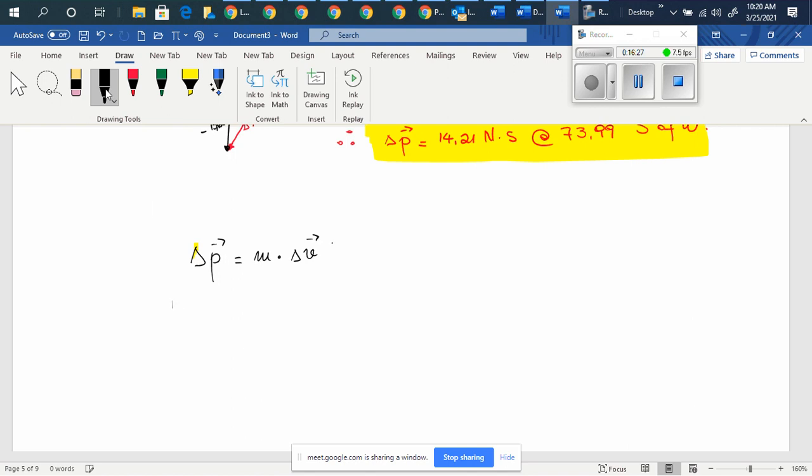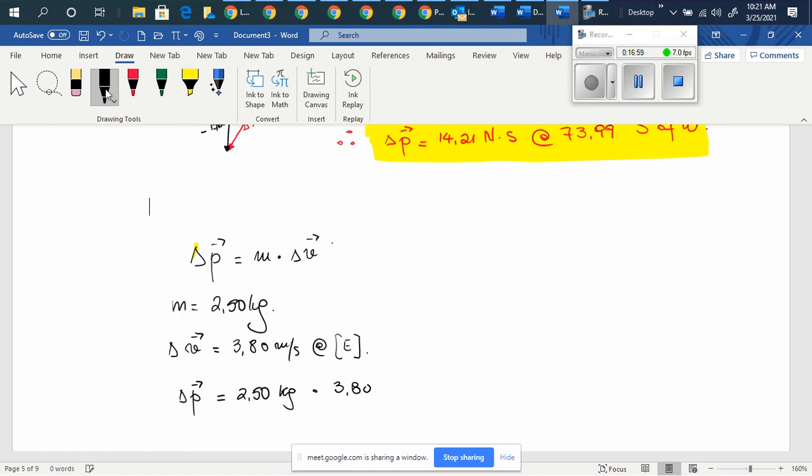And if we have an object with mass of 2.50 kilograms that is experiencing a change of the velocity of 3.80 meters per second in the east direction, then the change of momentum or the impulse of this object will be its mass, so 2.50 kilograms times 3.80 meters per second in the east direction, because the change of momentum and the change of velocity have the same direction.